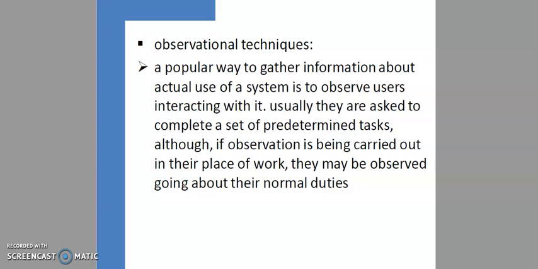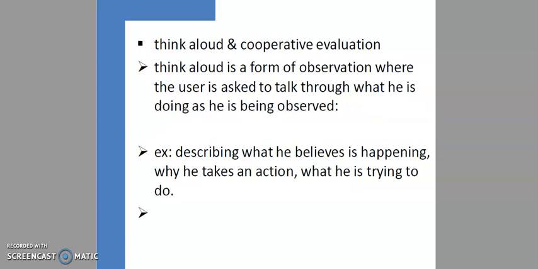If observation is being carried out in their place of work, they may be observed going about their normal duties. Example, describing what he believes is happening, why he takes an action, and what he is trying to do.